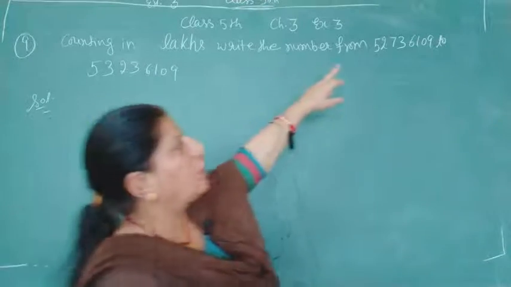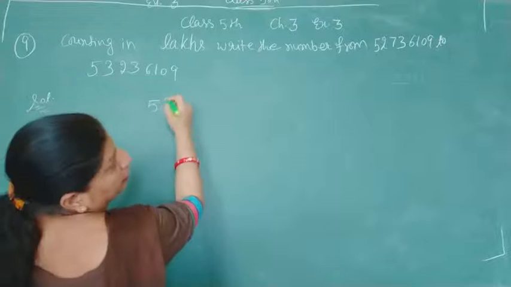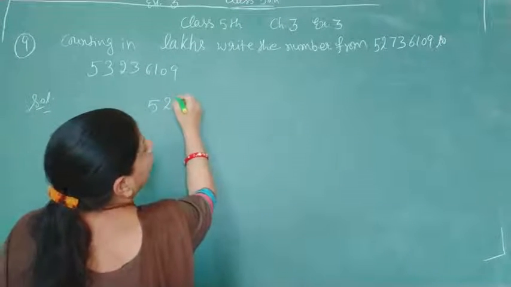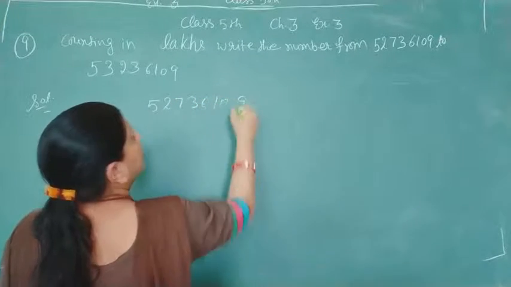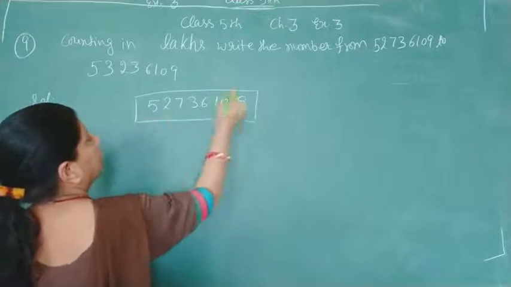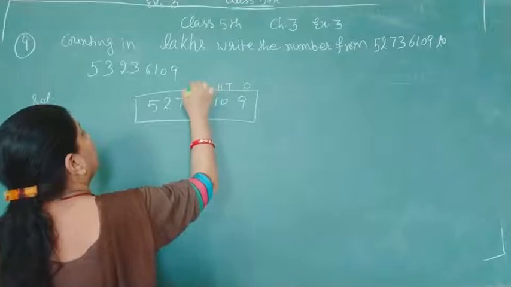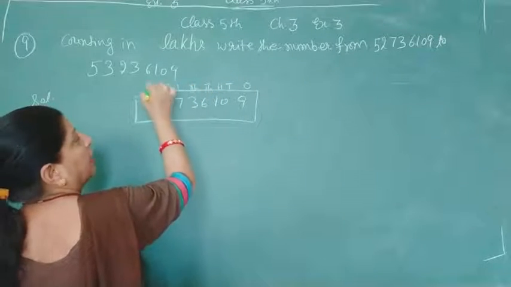Now first of all we write this number here, 5,27,36,109. This is our starting point. And we write the places: ones, tens, hundred, thousand, 10,000, then lakh, 10 lakh, and crore.